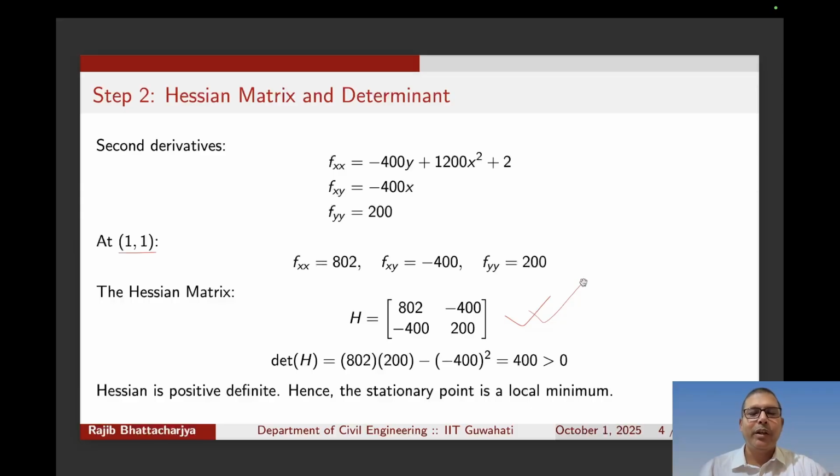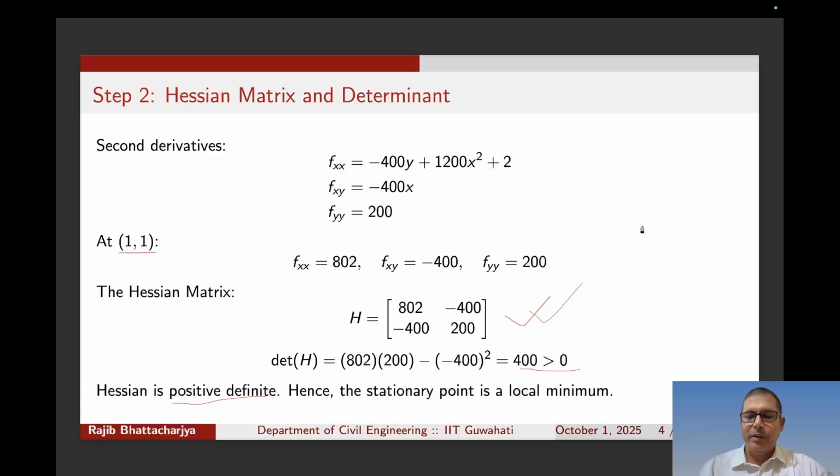For that, I can calculate the determinant. The determinant of H, if I do that, I am getting 400, and as this value is positive, this is a positive definite matrix. In this case, the leading principal minor, 802, is positive, and the determinant of H is also positive. Therefore, this is a positive definite matrix, and hence the stationary point is a local minimum.